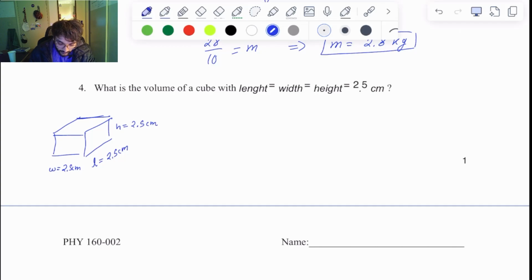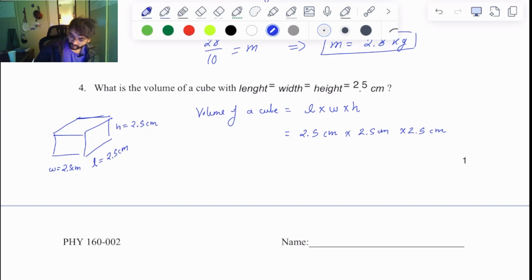Okay, the formula for volume of a cube is length times width times height, right? So if you have that, then the answer is 2.5 centimeter times 2.5 centimeters times 2.5 centimeters.